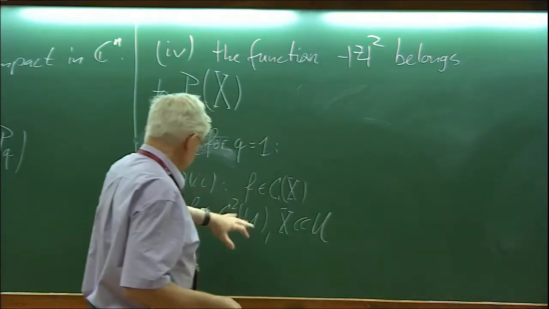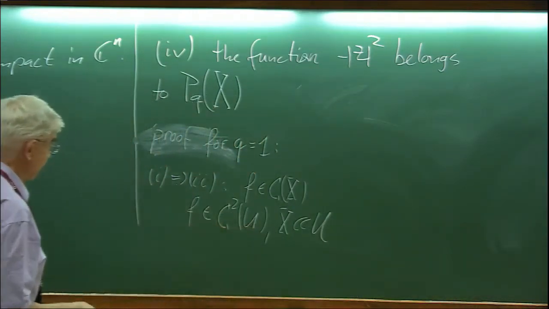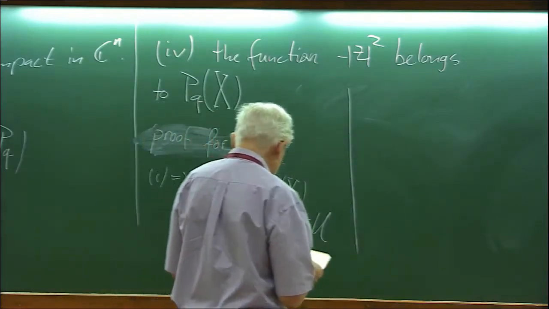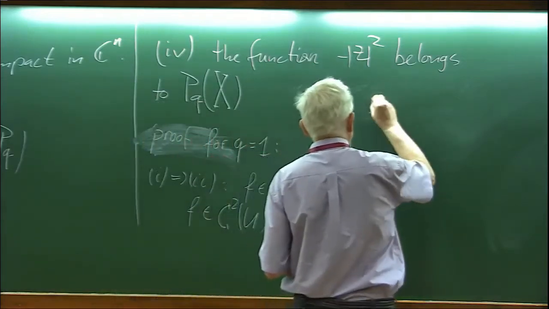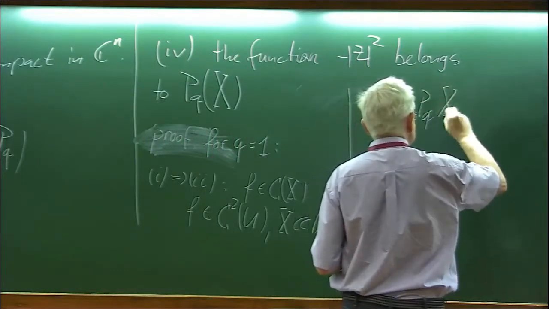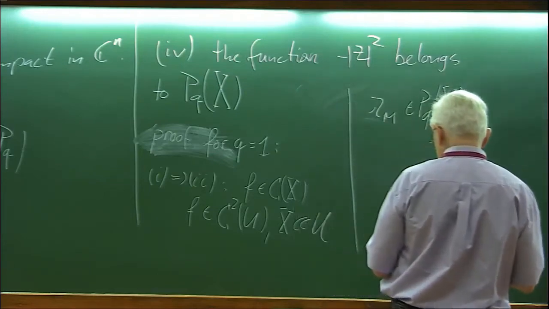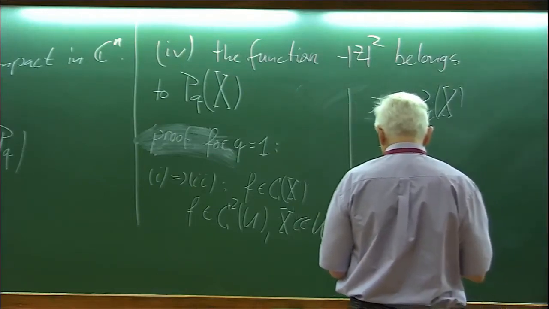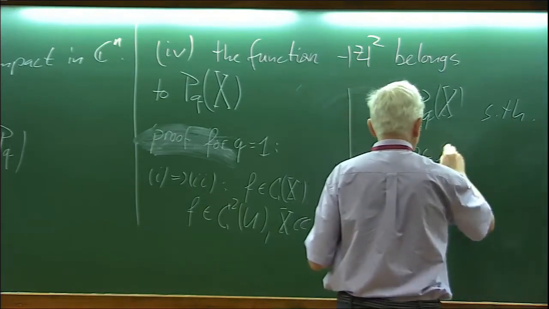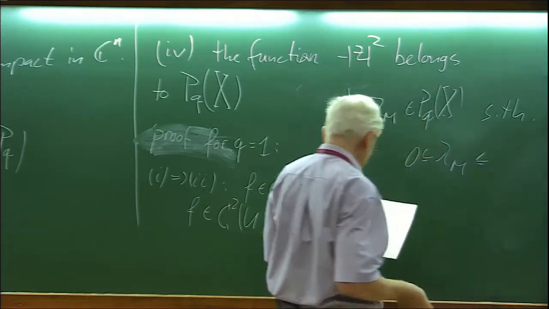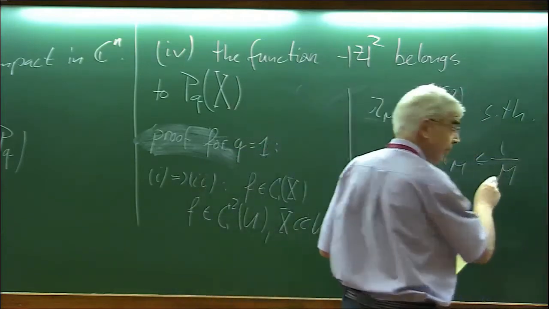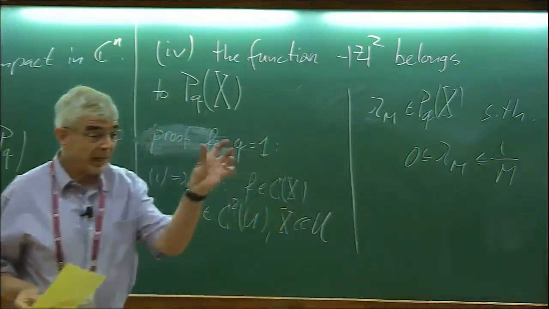So it suffices to approximate such functions. But for such a function now, I can find a lambda m in PQ such that 0 is less than or equal to lambda m, but now I'm not going to take less than or equal to 1. I'm going to take 1 over m here. Remember, we said the bounds don't really matter.